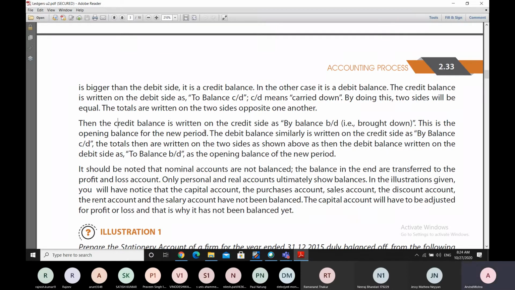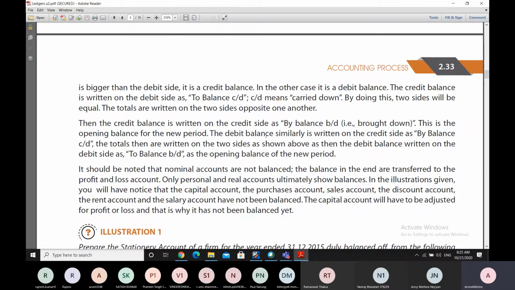So the earlier period, let's say, is finished, and we take the total of both the sides, and we find out the balance, and we find that it is a credit balance. That credit balance we write on the debit side as "To balance carried down", and then in the new period we start by writing the same credit balance on the credit side as "By balance brought down", which is the opening balance for the new period.